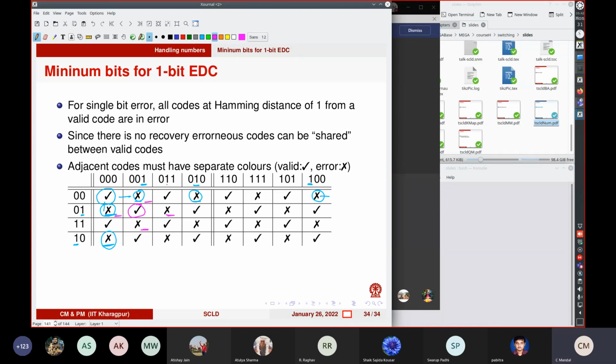So here you have taken this, here you have taken this. In this case, of course, here this is changing.